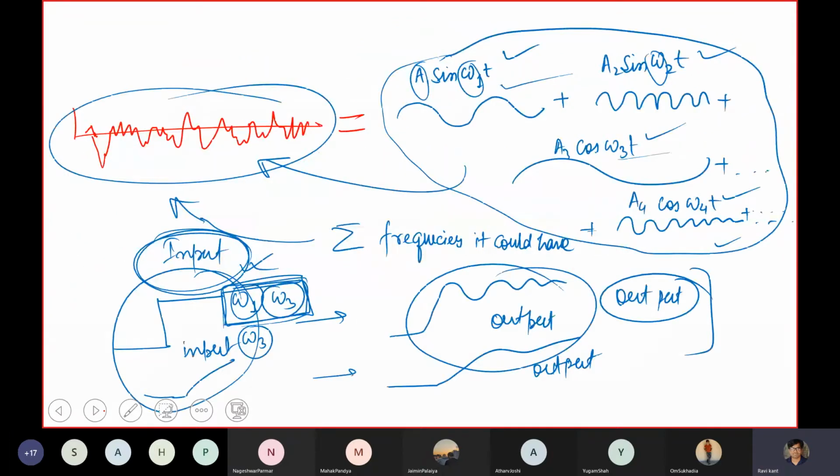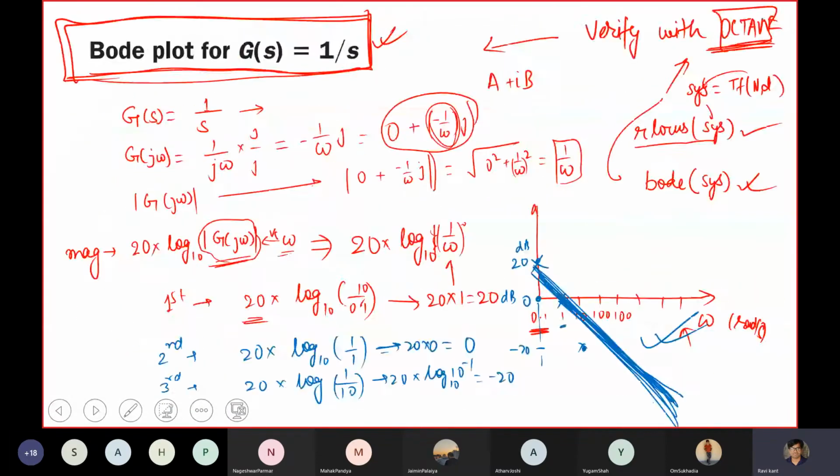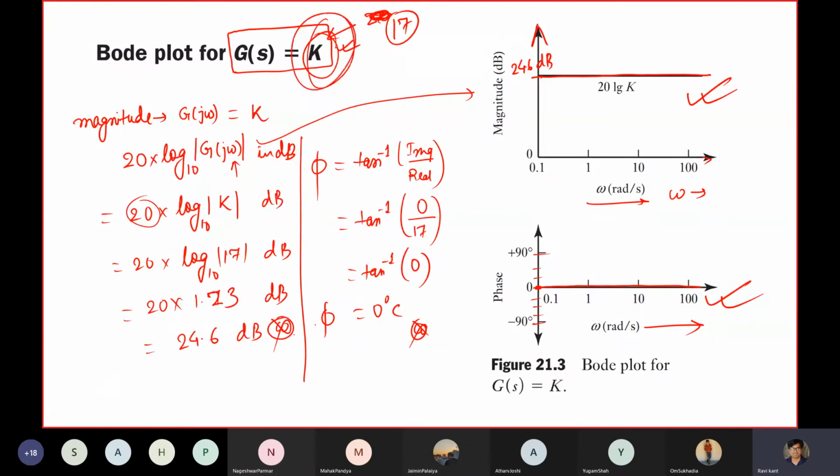So far we have drawn the Bode plot of 1 upon s and the constant gain k also. The reason I am choosing individual blocks is that the generic G(s) you can think of as some k multiplied by 1 upon s multiplied by 1 upon s plus 1, or so, in a more generic sense.